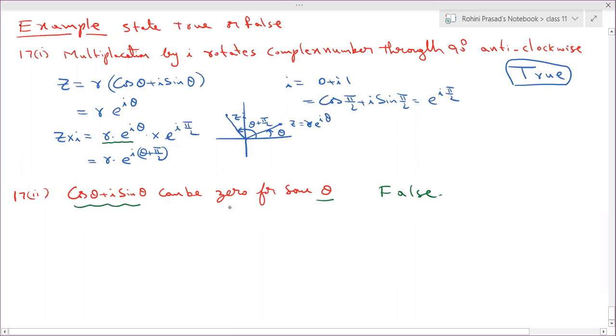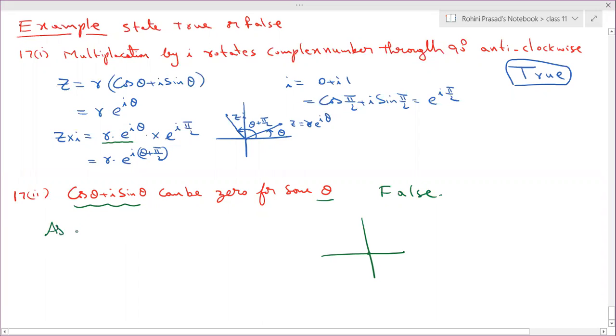For this to be 0, it should be exactly the 0 complex number, and you will not have an argument for that. 0 is the only complex number which doesn't have an argument and doesn't have the polar form cos theta plus i sin theta.